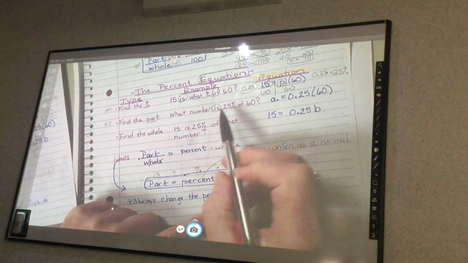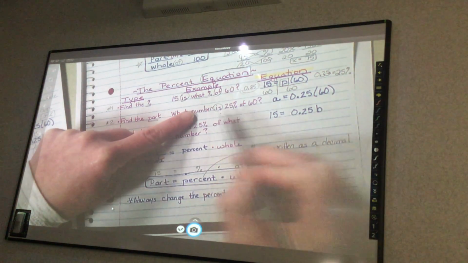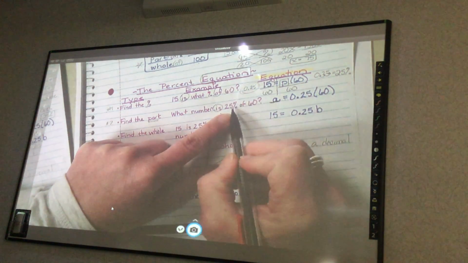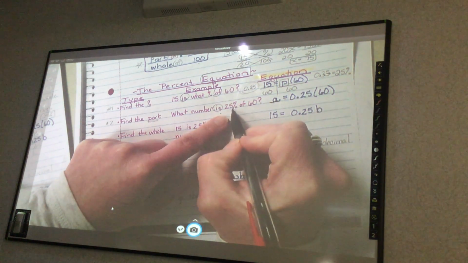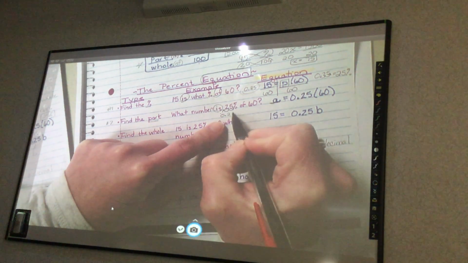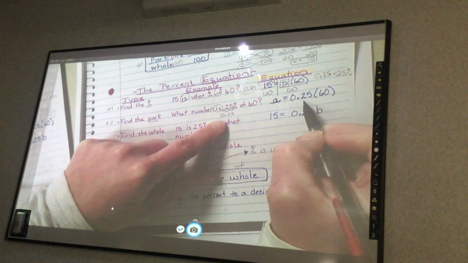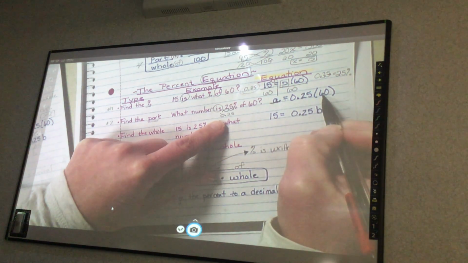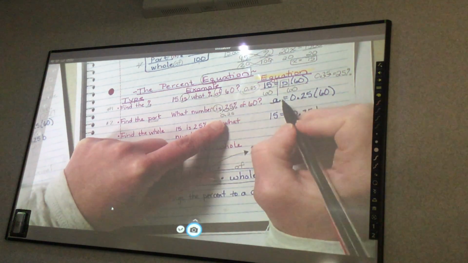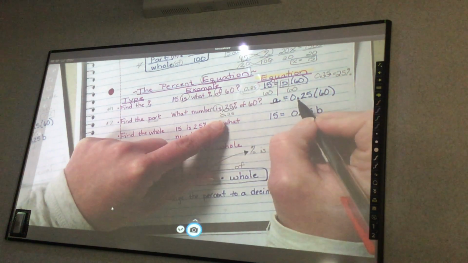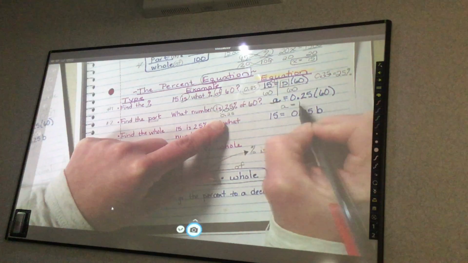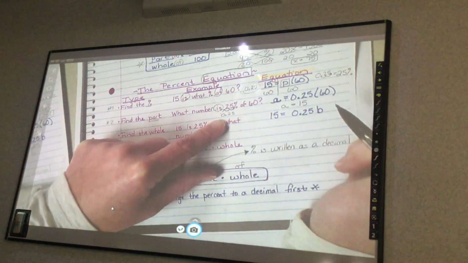So we go back up to this one. What number is? I don't know what that is, so this is my letter. 25%, I changed by moving the decimal 2 places to the left, which makes it 0.25, so that's why I put that in there. Of is my 60. So here, all I do is 0.25 times 60 in my calculator. So A equals 15.